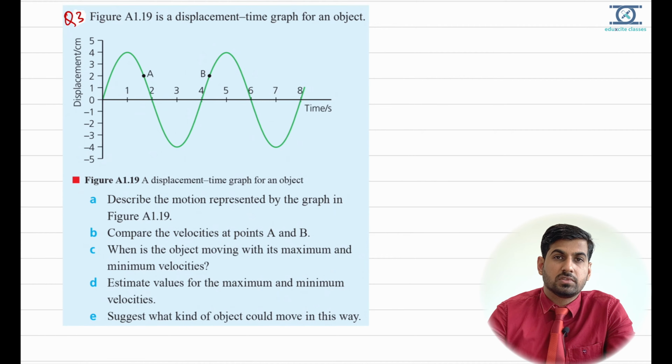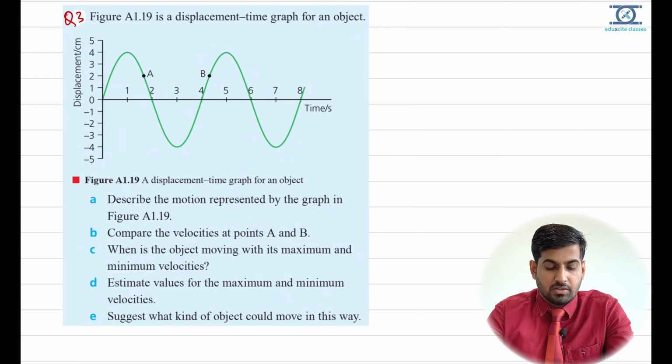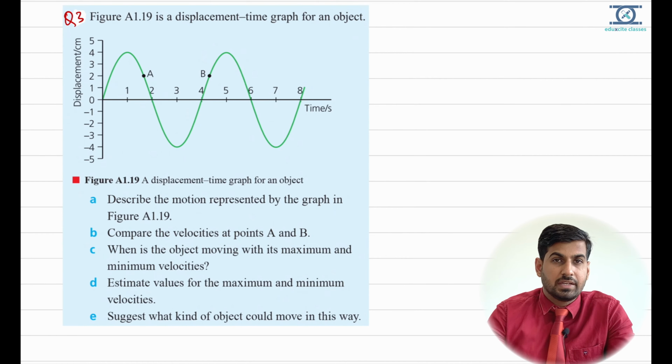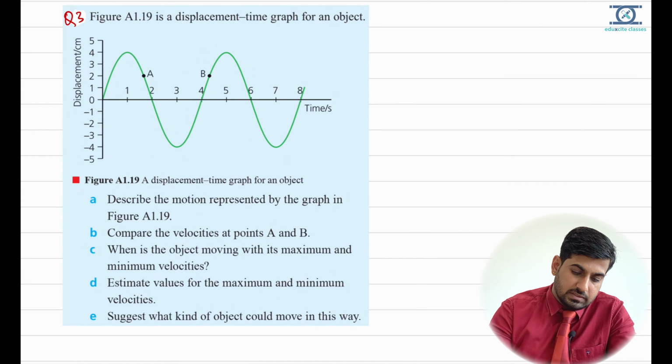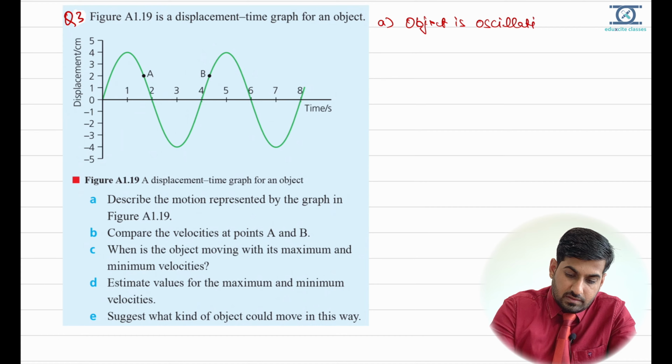So whenever you are supposed to describe the motion, there are three things that you have to mention. Already the displacement time graph is given, so you have to comment on the velocity, when it is maximum, when it is minimum, and you have to comment on the acceleration. Okay, so for part A I can answer that the object is oscillating backward and forward.